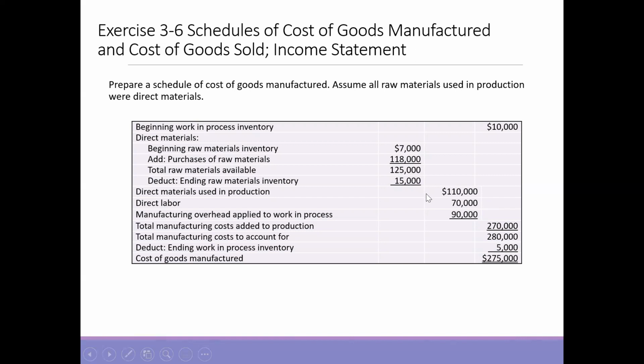Then we have our direct labor. Then we have our applied manufacturing overhead. So we're sitting with 280,000 of manufacturing costs. If we know our ending inventory is 5,000, that means everything else was manufactured. 275. Yes? Good.